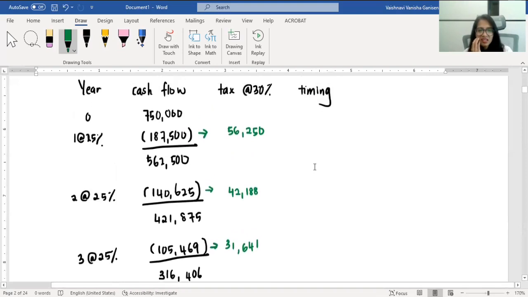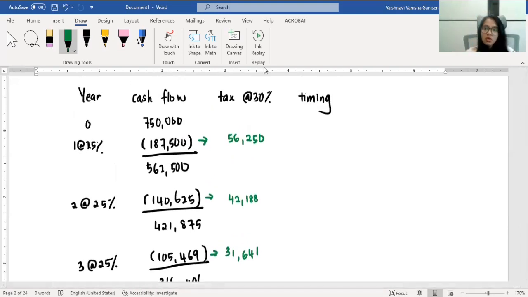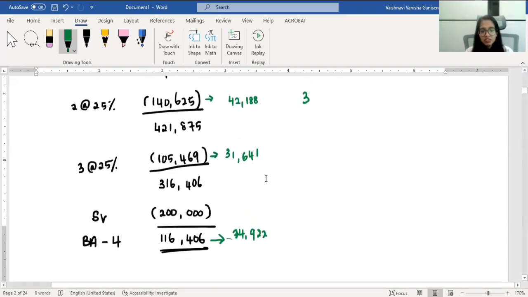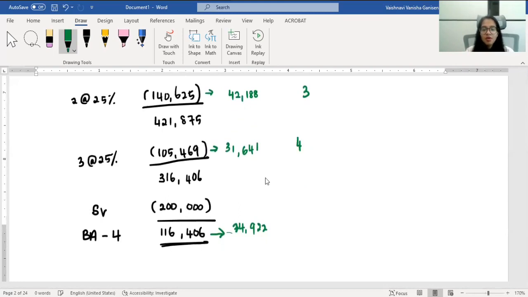And then these items will be included at year 2. Remember, year 1 you don't pay any taxation. You pay 1 year later, so it will be included in year 2, year 3, year 4, and year 5. So this is what will sit in your NPV format.